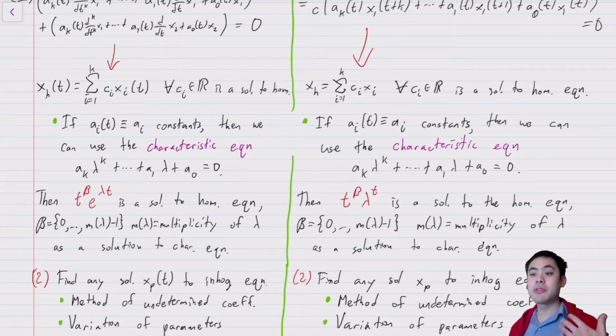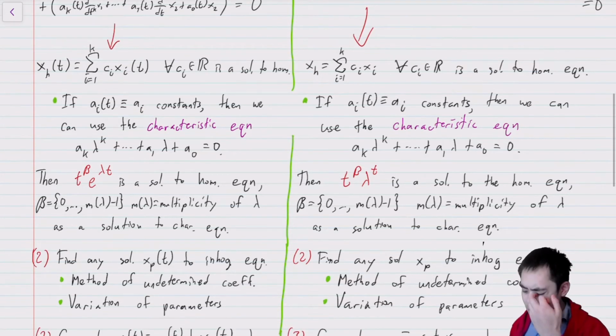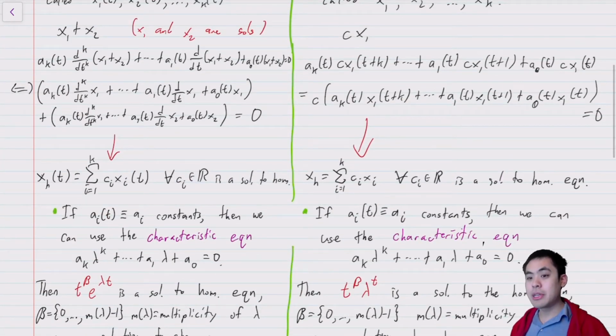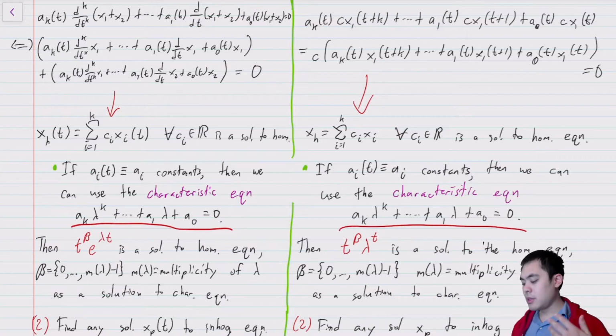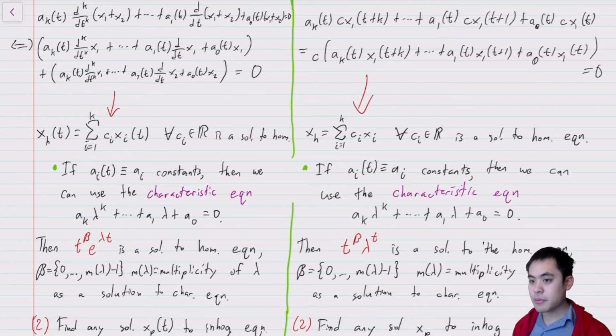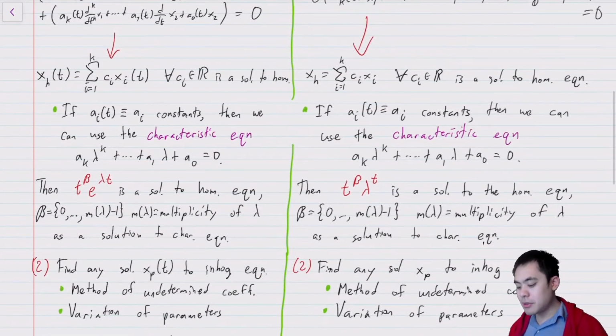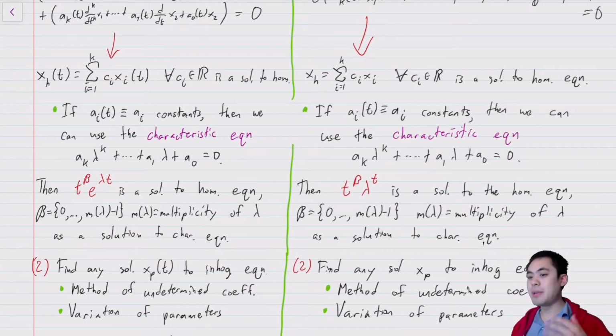So here we're saying that if these things are identically equal to some constants, then we can use something called the characteristic equation. And since we wrote these two in the same form, the characteristic equations are actually identical. So they're just a_k lambda to the k plus dot dot dot plus a_1 lambda plus a_0 is equal to 0. What's different here is that we end up with different basic linearly independent solutions.